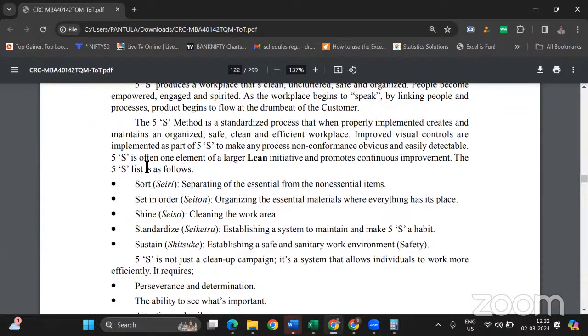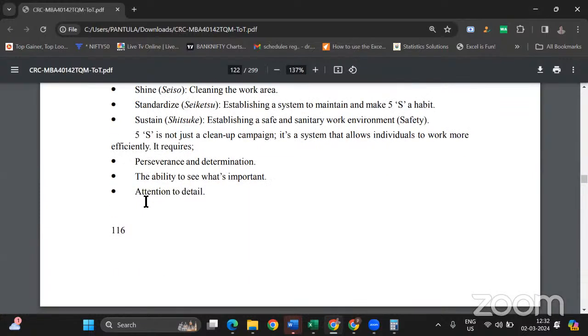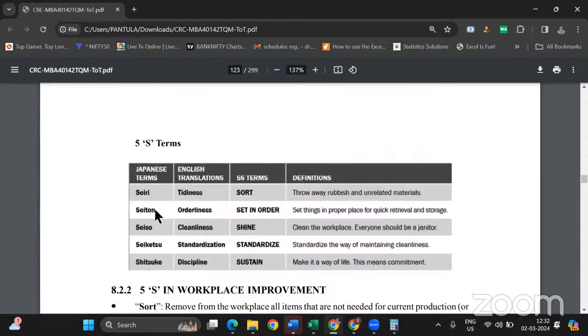Shine: cleaning the work area. Then the work area should be clean, and standardize means maintaining it appropriately, so that it can be sustained. So these are the components related to 5S. It requires determination, the ability to see what's important, and attention to detail. Sort is the tightness. Set in order: set the proper place for quick retrieval from storage.